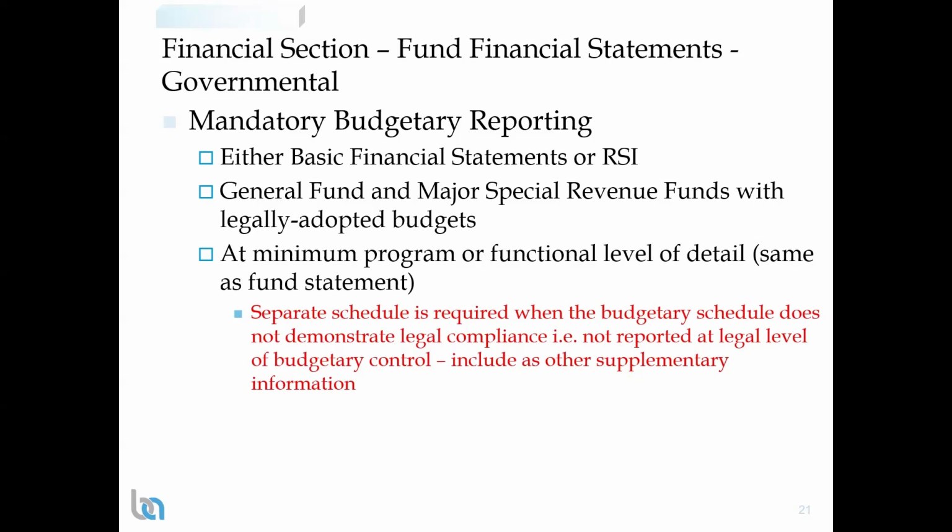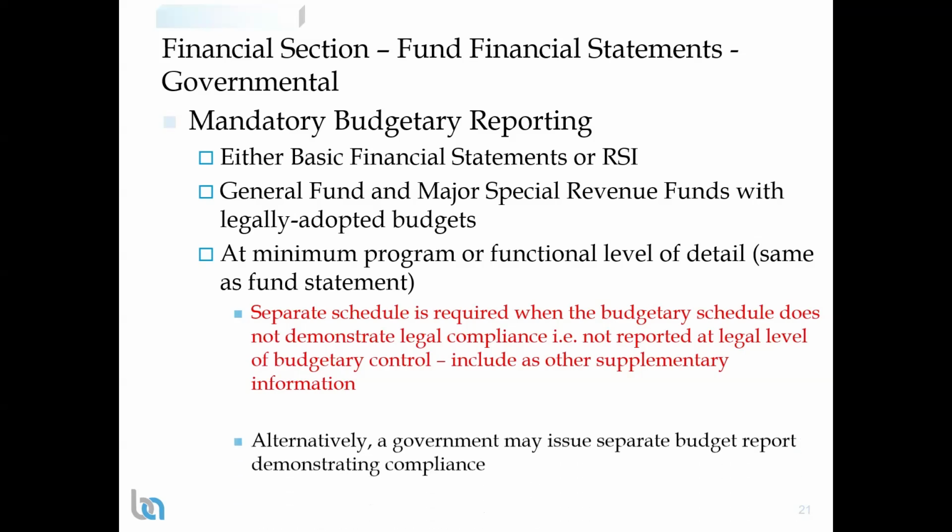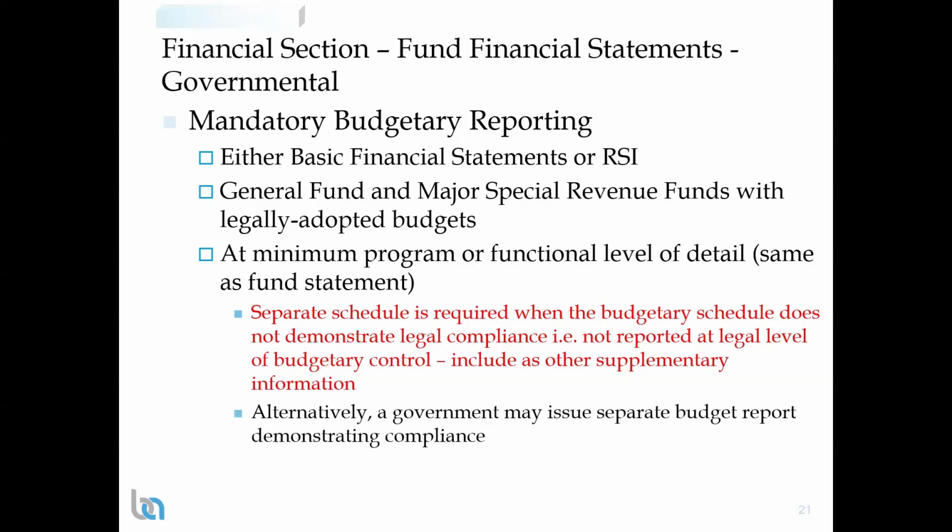However, if you do have a separate report, you can refer to that separate report that demonstrates that compliance. This is something they were trying to enforce more last year. I'm not sure if this year's any different, but as mentioned here, you may issue a separate budget report and then just refer to that. I think when you're submitting your ACFR to the GFOA, they ask these questions anyway.